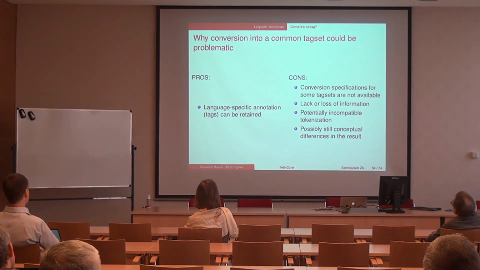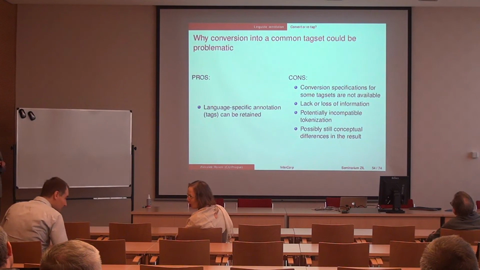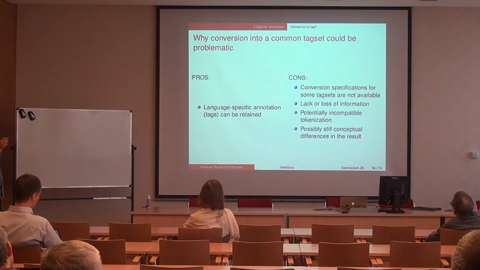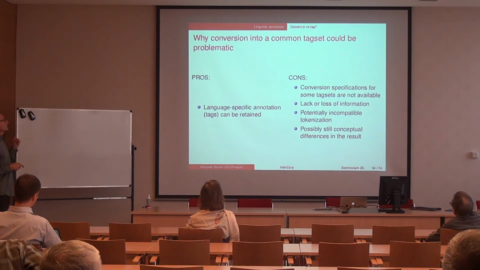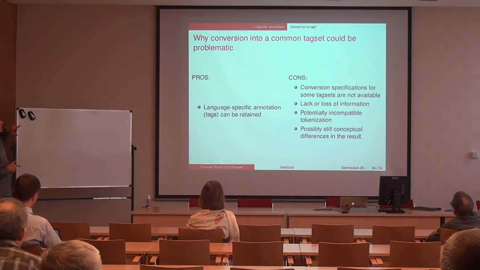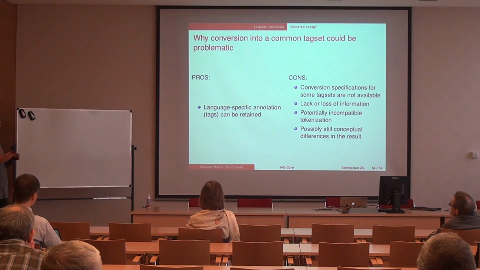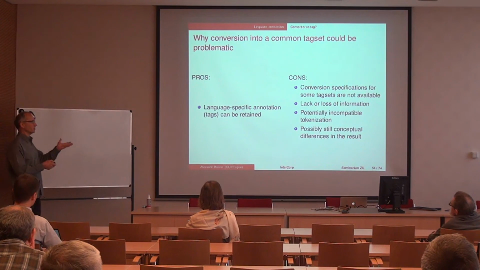So still there is this issue of conversion or retagging. Once you decide on a system that you want to convert to, or that you want to have as common, what are the pros and cons of the conversion? You probably can retain the language-specific annotation from the original tags.